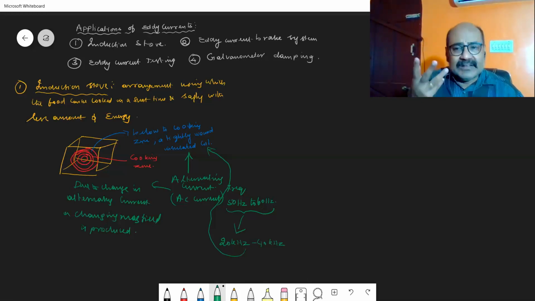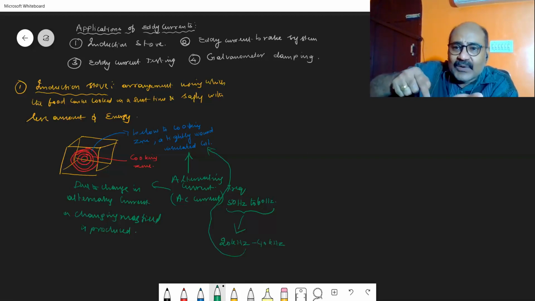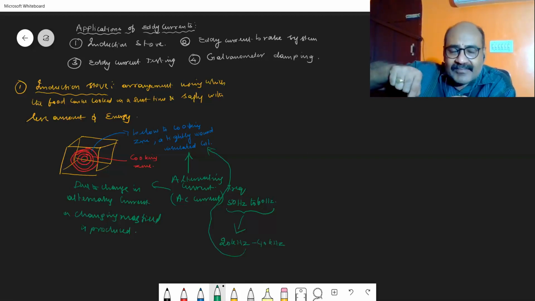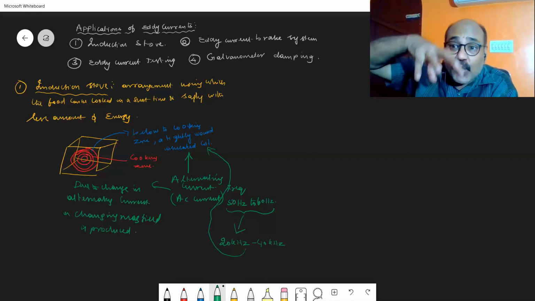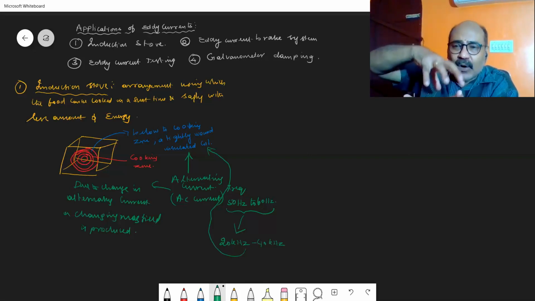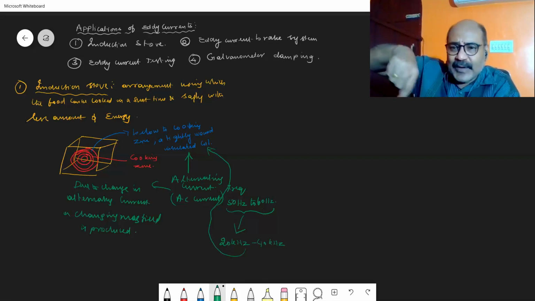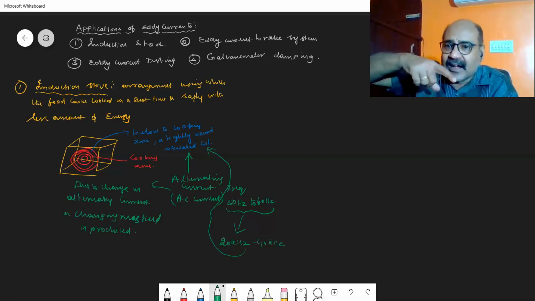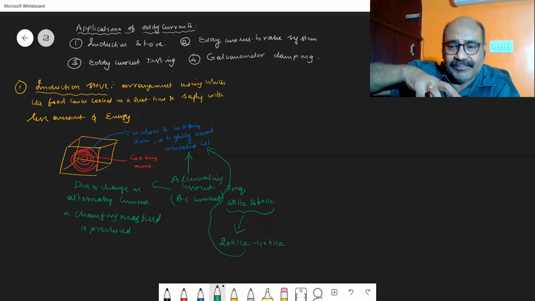How is this induction stove constructed? It has a top platform over which you might have seen some concentric rings which represent the cooking zone.